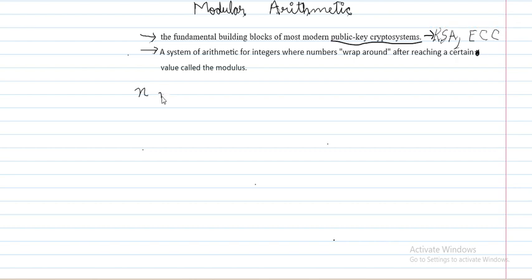If we divide a by n, in cryptography and number theory we use the symbol n divides a, this vertical symbol, then we will get a quotient q and a remainder r.